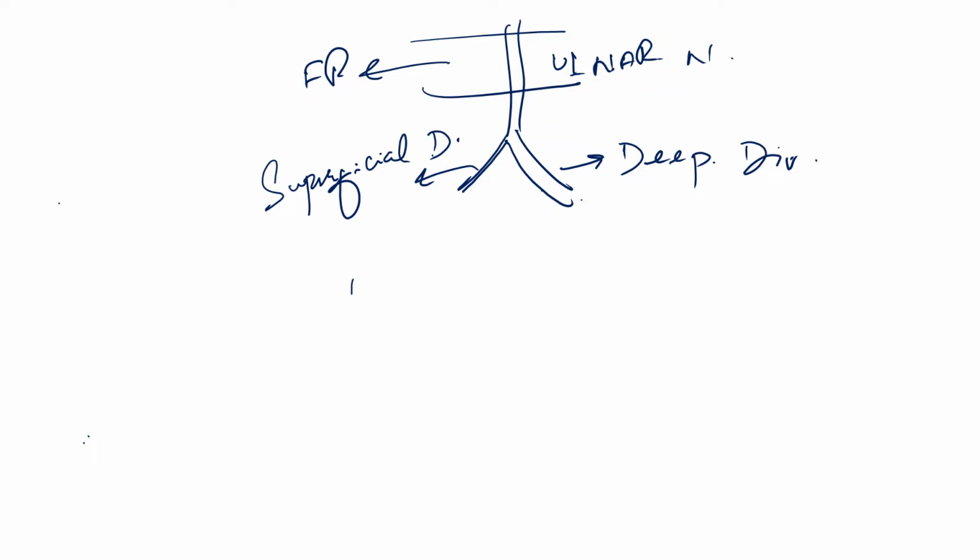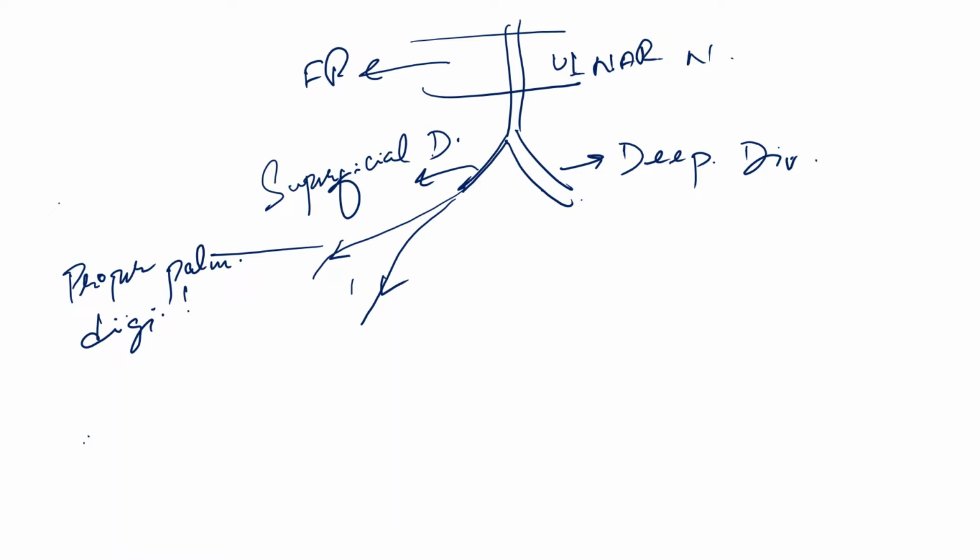The superficial division, on entering the palm, lies deep to the palmaris brevis and the palmar aponeurosis, and it divides into two branches: the medialmost branch is called the proper palmar digital branch, whereas the lateral branch is called the common palmar digital branch.